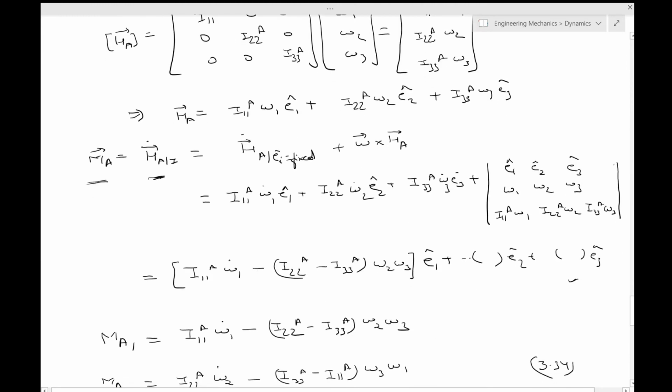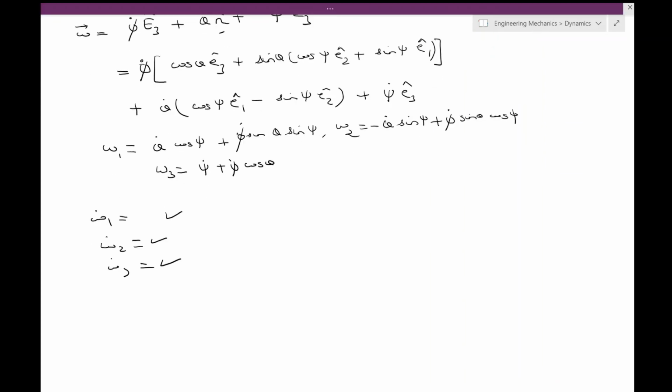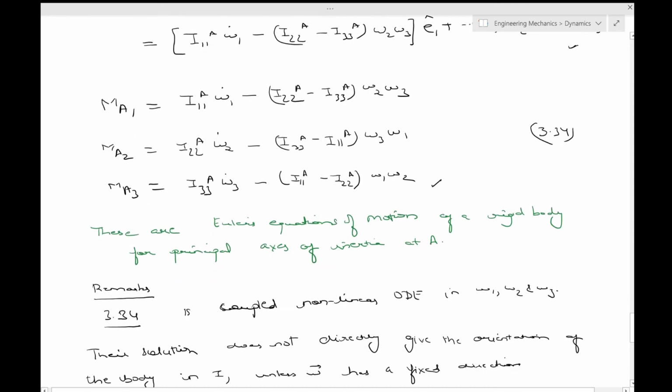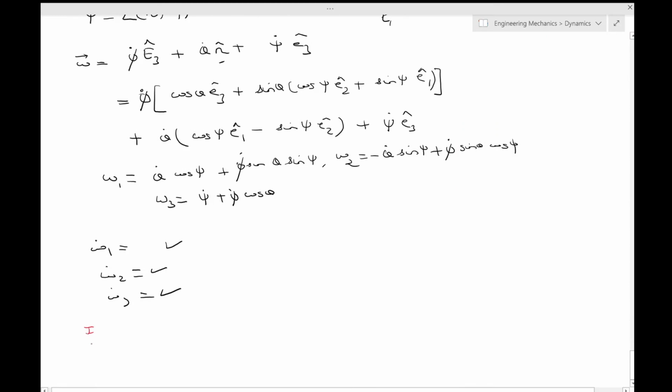So I'll put that down in words perhaps. Okay, since if MA of t is equal to 0, then HA dot in I of t is equal to 0, that is HA is equal to constant.